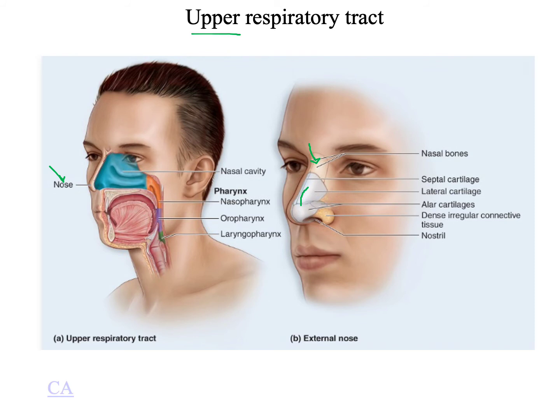nose, susceptible to breaking. And we breathe air in through the nares, or the nostrils of the nose, which leads into the nasal cavity. Notice your complete anatomy link here.